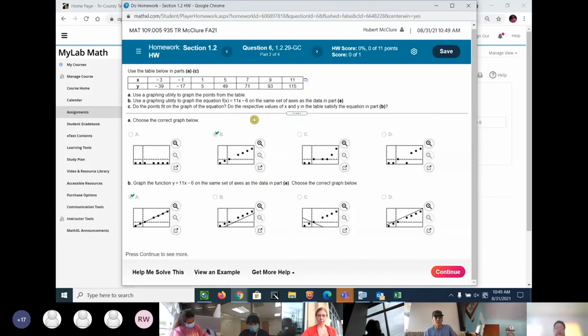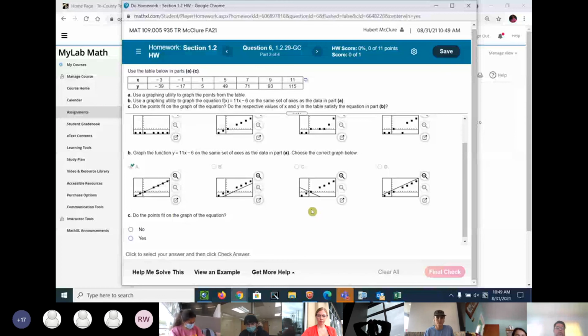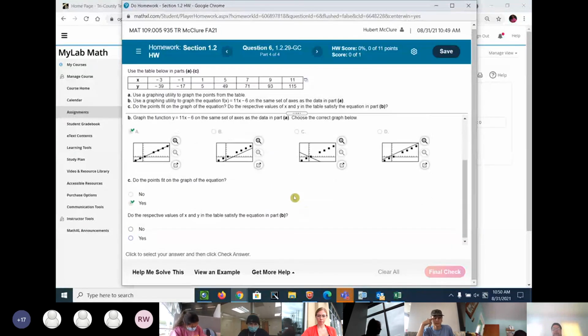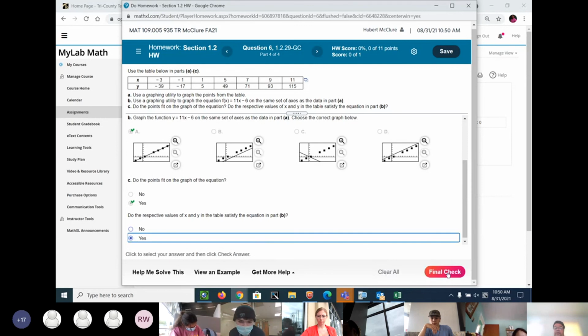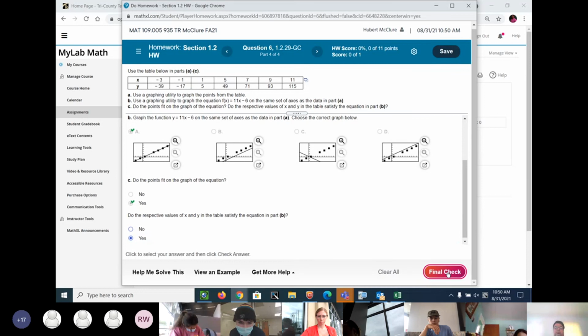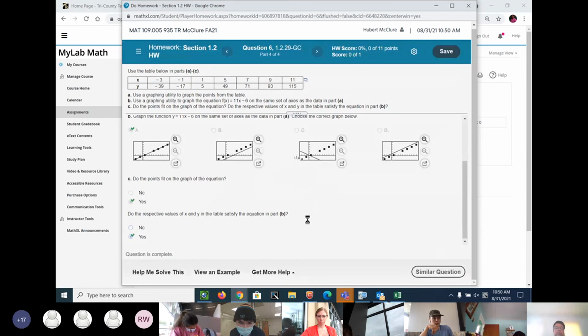Yes, points fit, on the same line. Do the respective values of x and y in the table satisfy the equation in part B? Yes. I guess it does. Without punching each one in, I would assume yes. That's it.